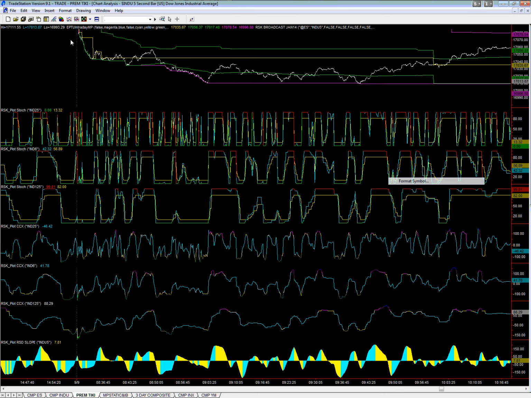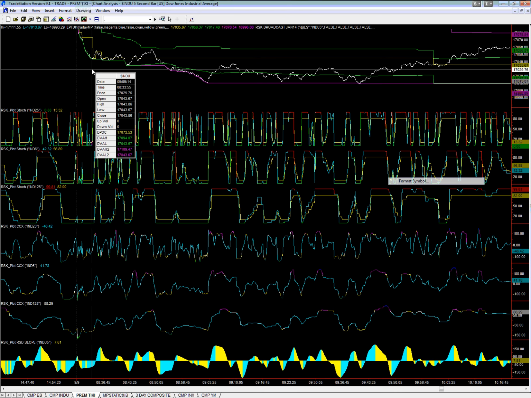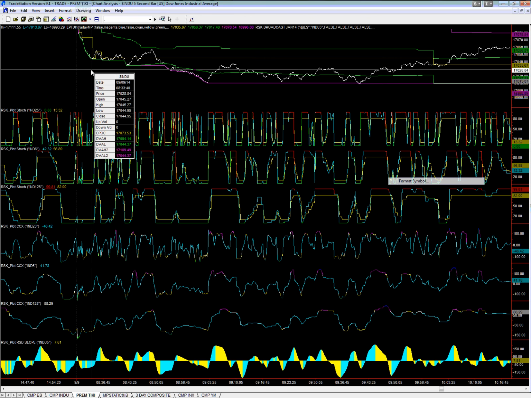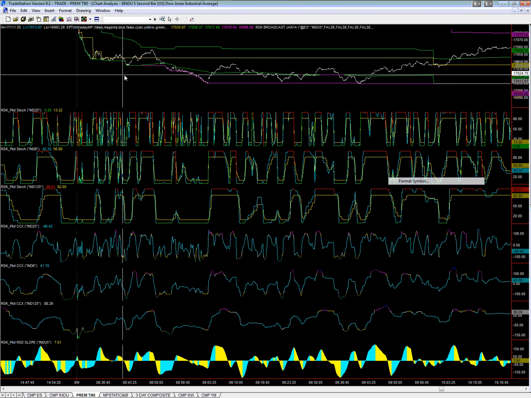The Dow dropped. This morning it dropped and found a bit of support briefly at around 43. Not much at all, really. And we had a little bit of a move there, but it wasn't much of anything.